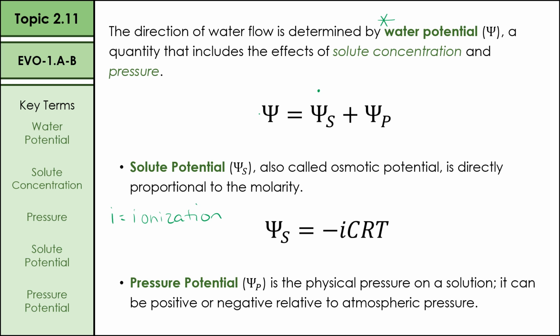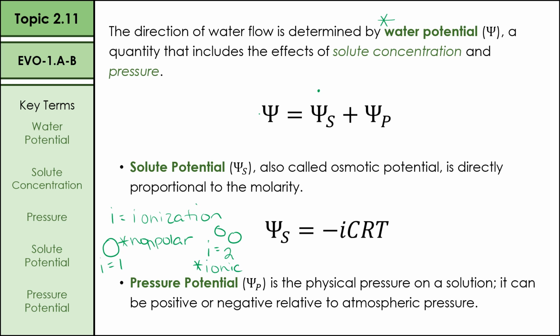and that is going to be dependent on how many molecules we break into when we're dissolved into water. So if we stay as one piece, our ionization is 1. This will be most of our non-polar molecules. If we split into 2 pieces, our ionization constant is going to be equal to 2. This is mostly with our ionic molecules.